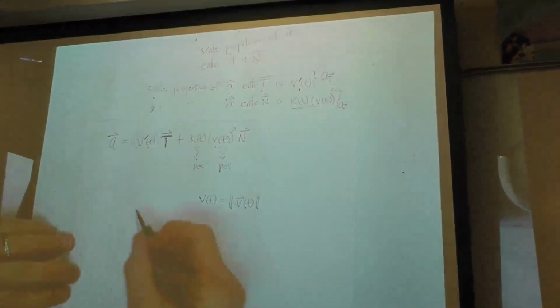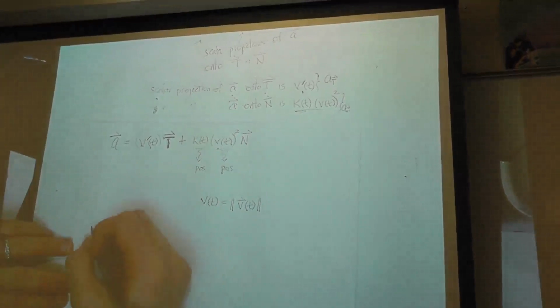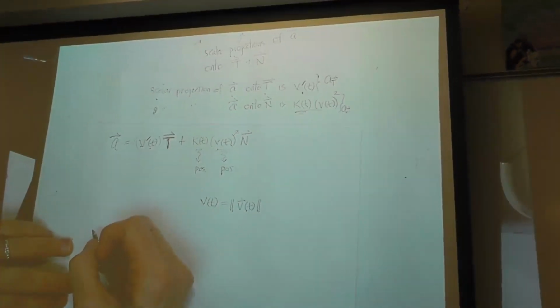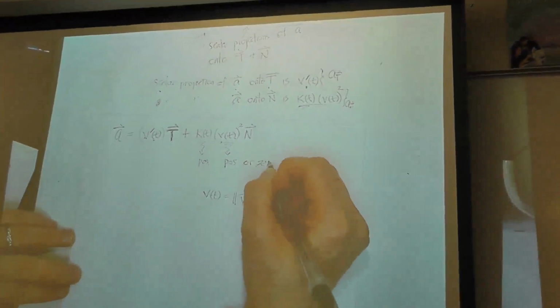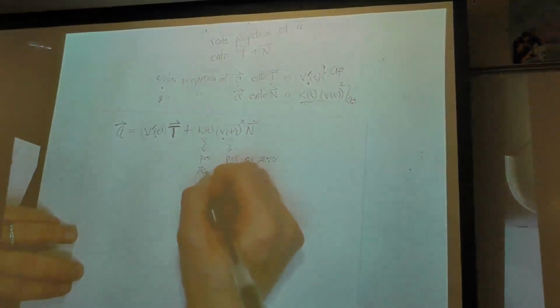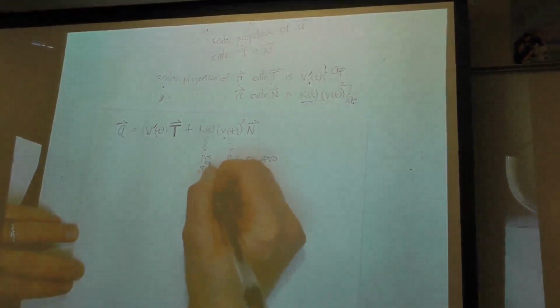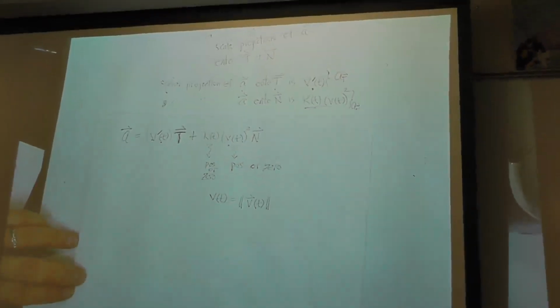What about V prime? Both of these might be 0. Positive or negative depending on the path.